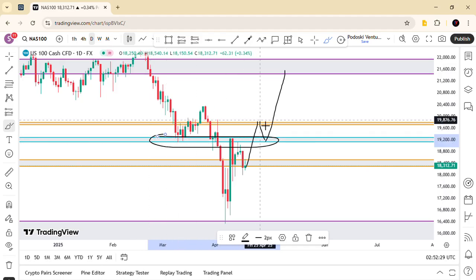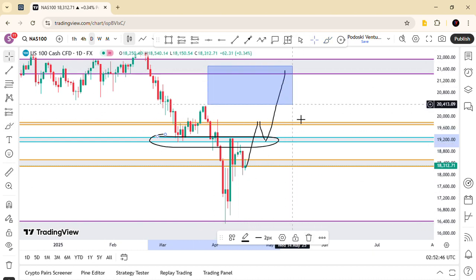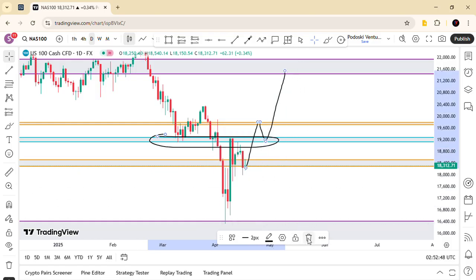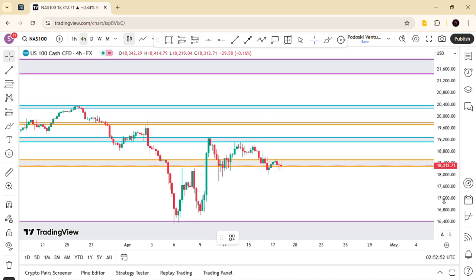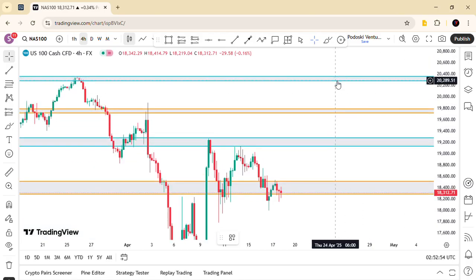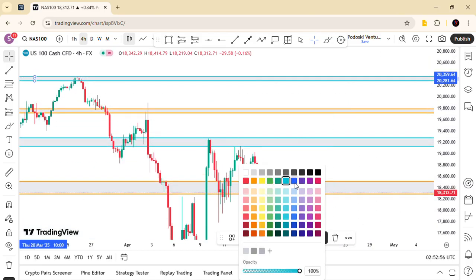It breaks out of the daily zone nicely, then we are going to see a pullback, then we take our buy on NAS 100 all the way to the upside. So let's go to the 4-hour time frame and prepare ourselves for the buy on NAS 100.